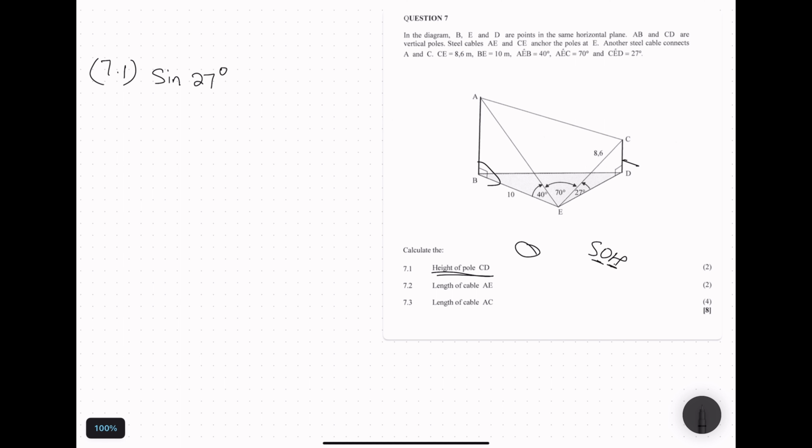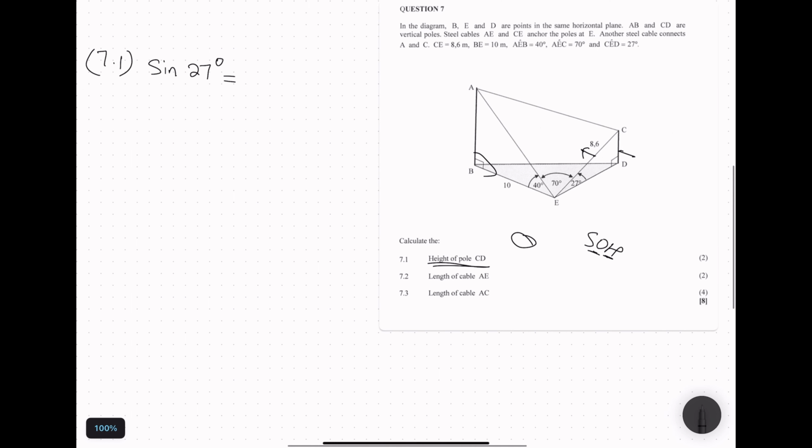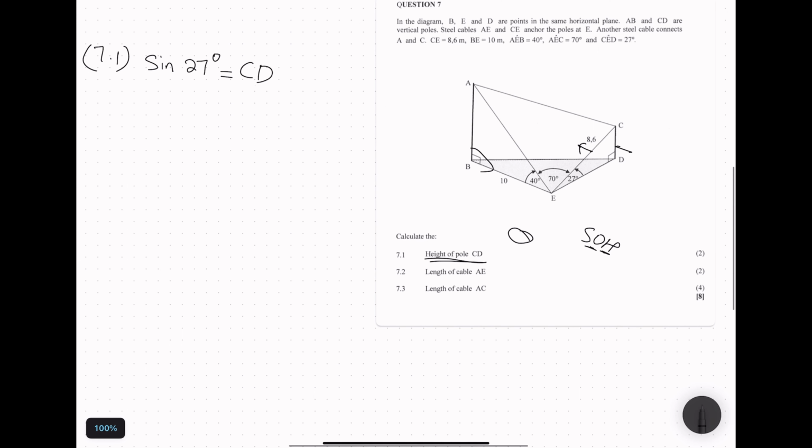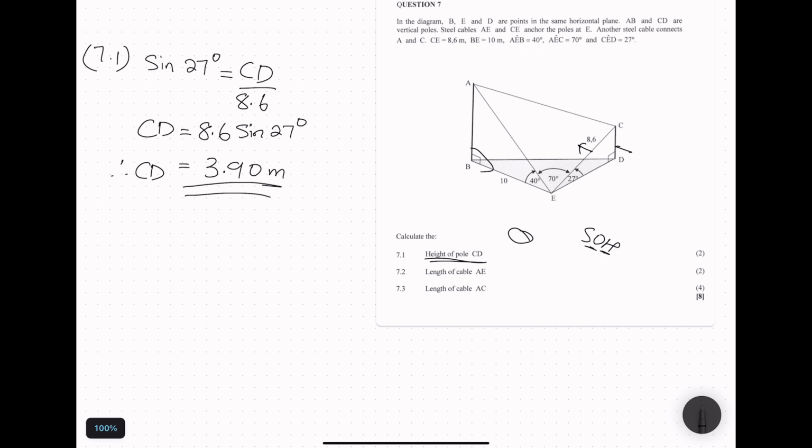We have opposite, which is what we want, and hypotenuse, which is what we are given. CD is opposite over the hypotenuse, which is 8.6. Then we cross multiply, so CD is equal to 8.6 sine 27 degrees. If you put that in your calculator, you will get 3.90 meters.